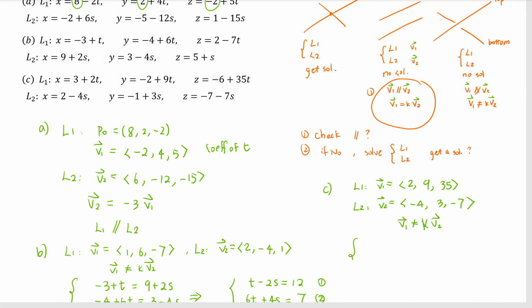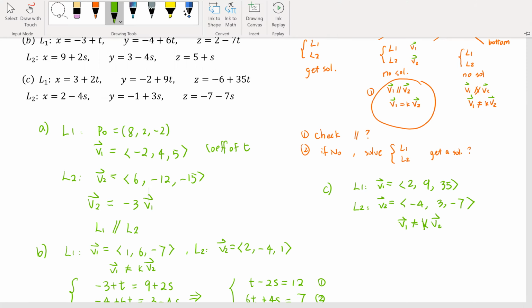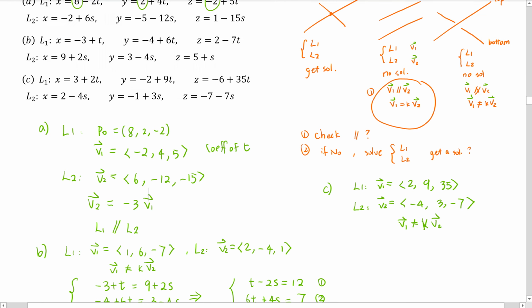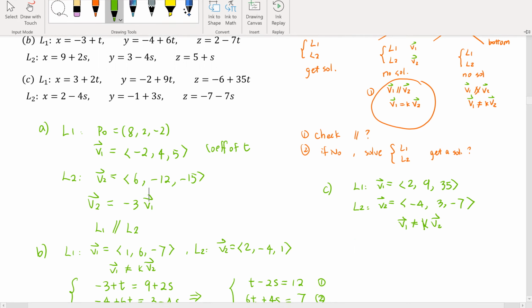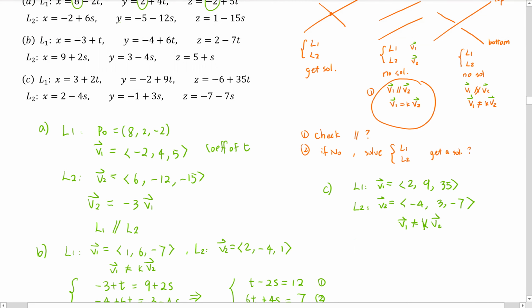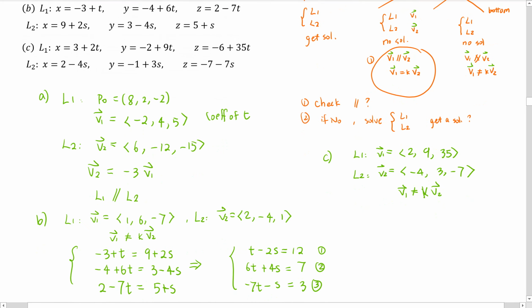Next, we solve the system of equations. Let me use a different color here, because it's so close to each other. It doesn't allow me to change color. It's okay, we can continue. Let me put a line here.